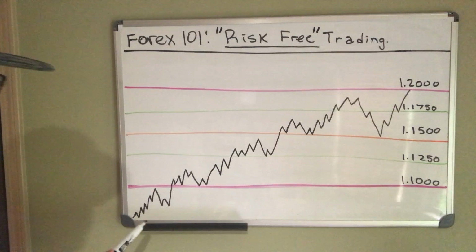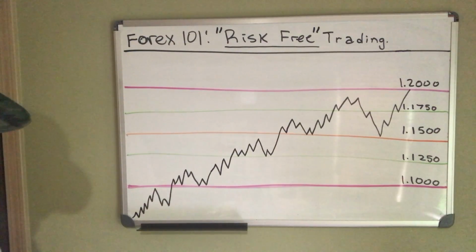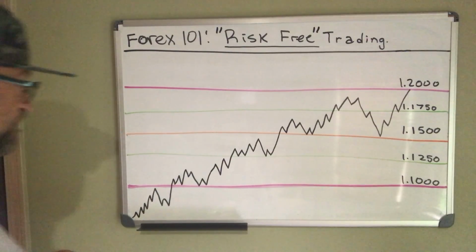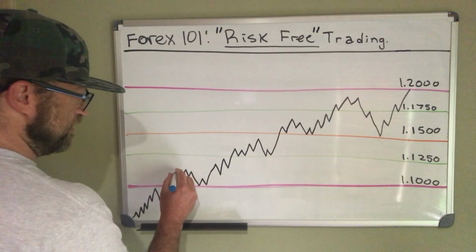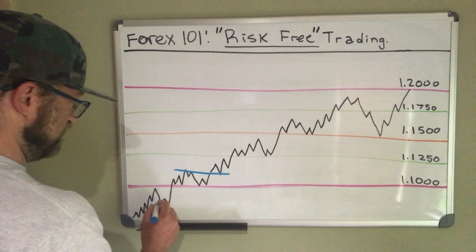Yeah. So basically, we have some price action here. I tried to do the best I could for it. And then obviously we have certain levels of interest, different places.